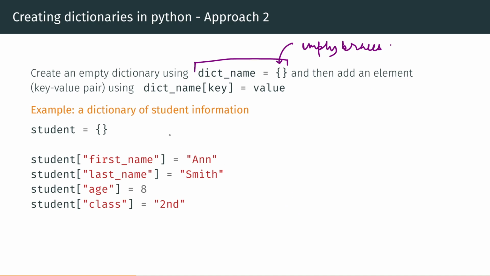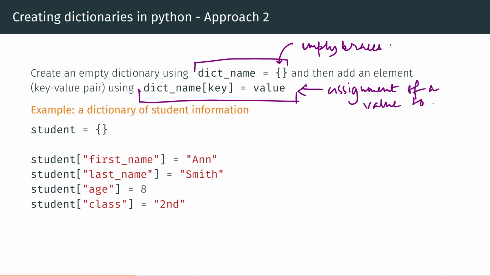Once we have done that, we can keep adding elements using this syntax: the name of the dictionary followed by the key in square brackets equal to value. This is the assignment of a value to a key.